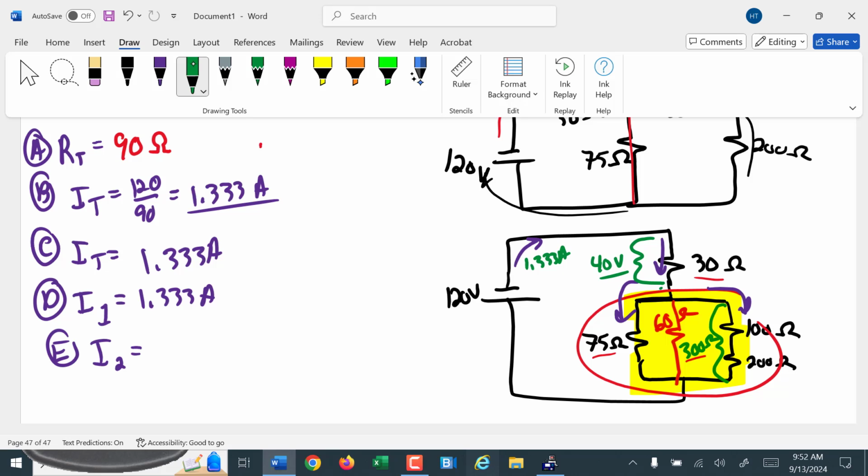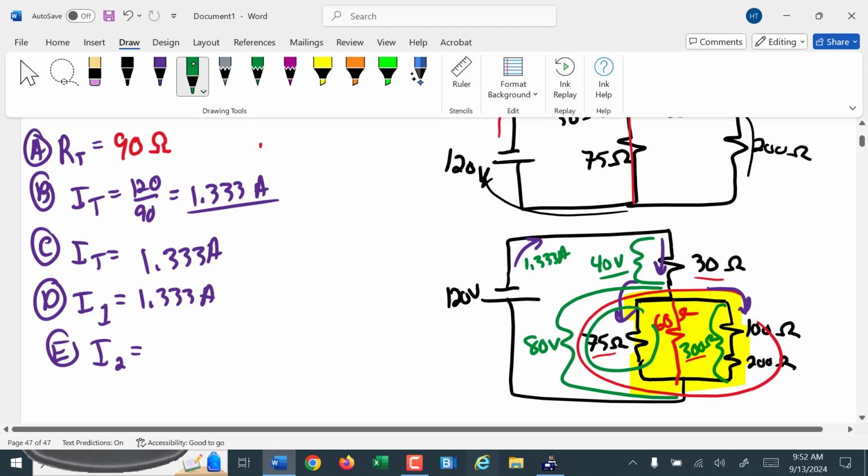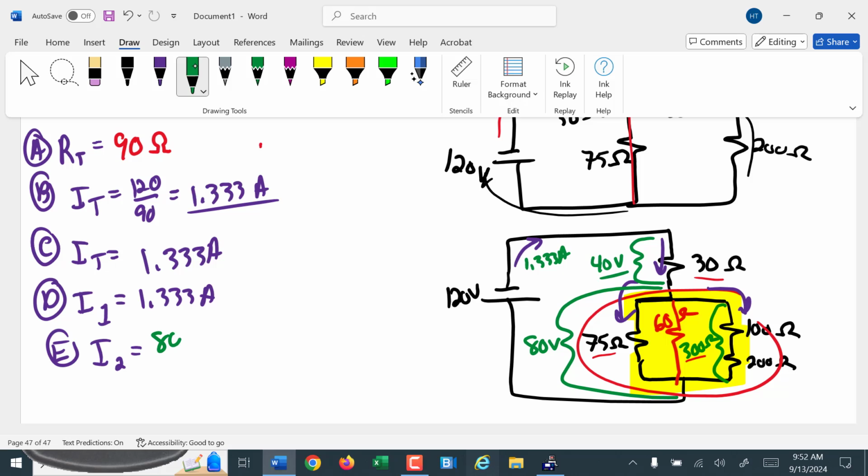So if there's 40 volt drop there, how much voltage is left over the rest of this circuit? 120 minus 40 gives us 80 volts. Now that we know there's 80 volts across this branch, R2 is just this resistor here. The full 80 volts goes across that. So it is 80 volts over 75 ohms, or 1.067, I believe, amps.